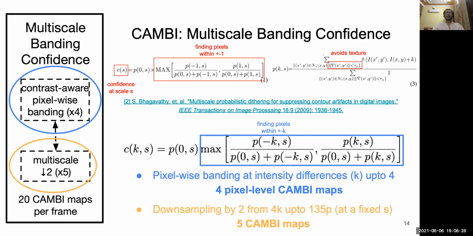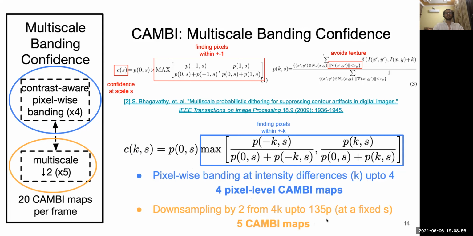This is followed by a multi-scale step. We tackle the spatial frequencies by downsampling the original encode by 2, from 4K down to 135p. We don't vary the scale at which these bands are being detected. We keep it fixed, and that's a hyperparameter in our algorithm. So this basically leads to 5 CAMBI maps per pixel-level map. So per intensity K, you get 5 maps. So in total, you get 20 different CAMBI maps.